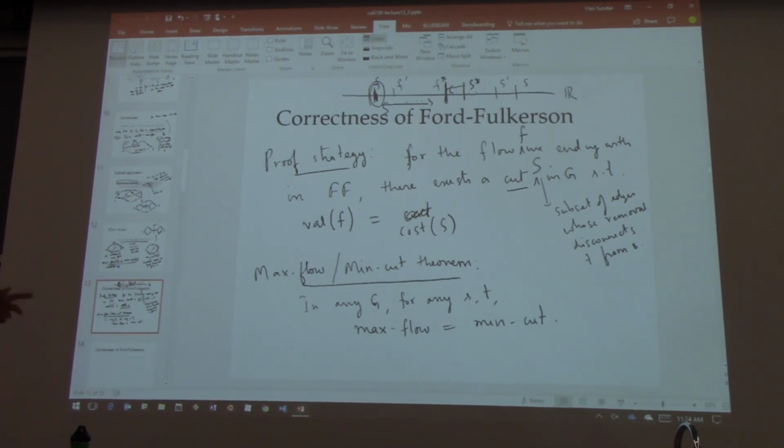So earlier we could only show that the max flow is less than or equal to the min cut. Note that this is a very indirect argument also, right? We are saying here is this algorithm, here is the Ford-Fulkerson algorithm.